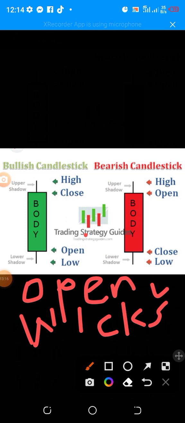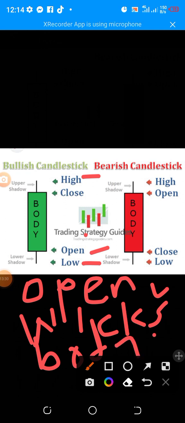All right. So the candle must have an open, which is here. It must have wicks, which are these here. The highs and lows, we call them wicks. The candle must have a body. And then the candle must have a close.